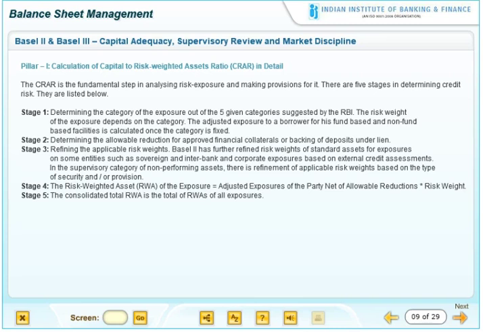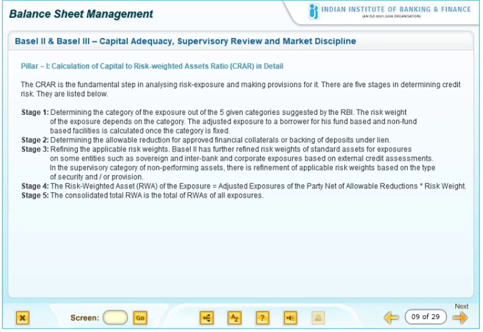Stage 3: Refining the applicable risk weights. Basel II has further refined risk weights of standard assets for exposures on some entities such as sovereign and interbank and corporate exposures based on external credit assessments. In the supervisory category of non-performing assets, there is refinement of applicable risk weights based on the type of security and/or provision.